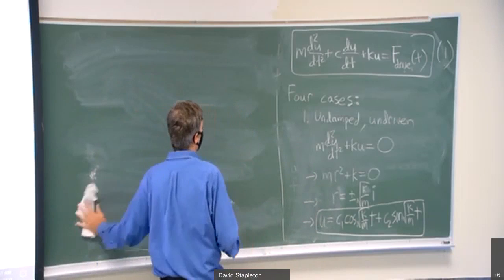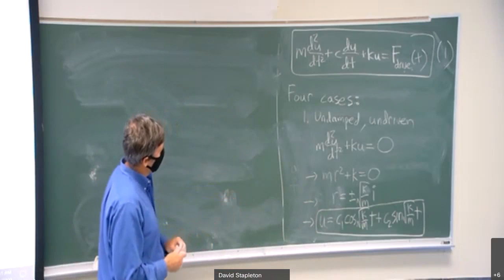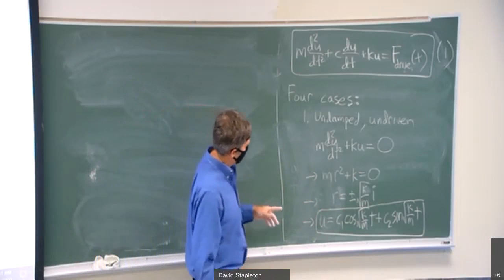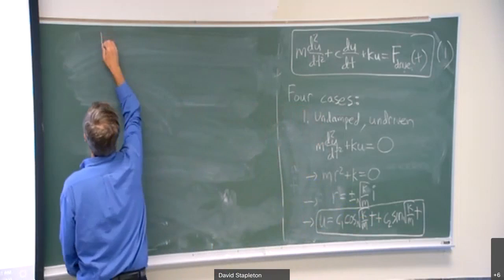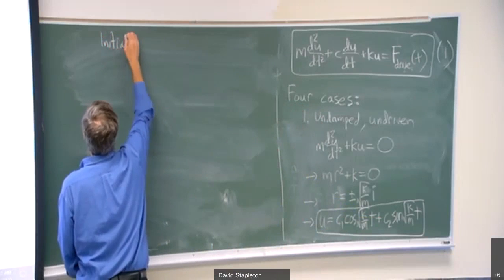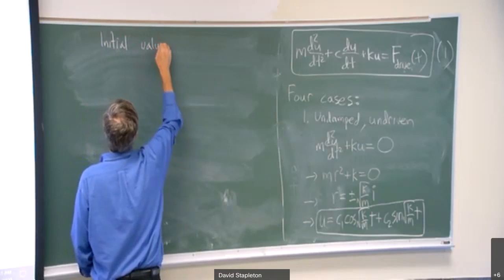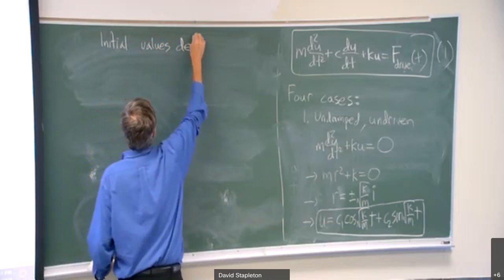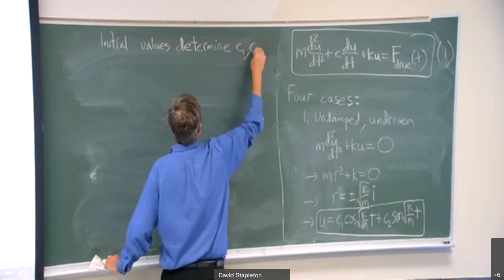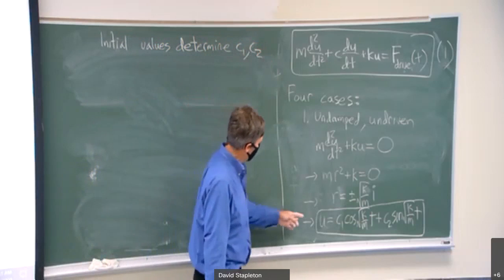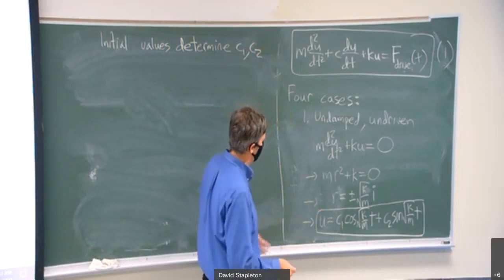And now comes the easy part of today, hopefully, trigonometry. You can get some insight into what that looks like by rearranging it. So I'll say, if you apply two initial conditions, that will determine C1 and C2. Maybe I should write that down. Initial values for position and velocity determine C1 and C2 uniquely, because when you plug in those initial values, they give you a system of two linear equations and two unknowns, and from linear algebra, you can always solve it.